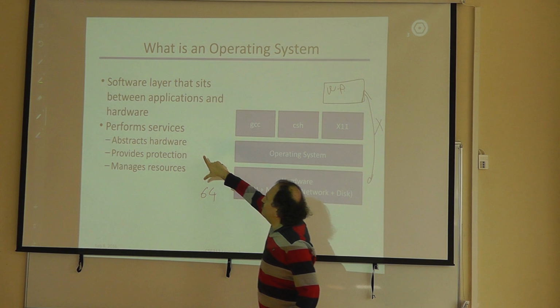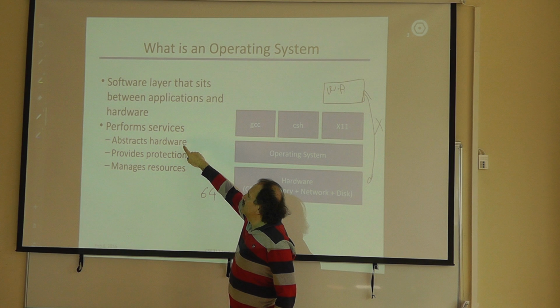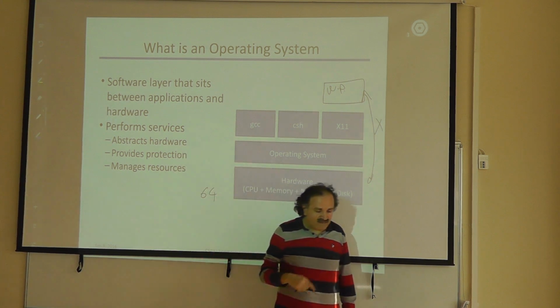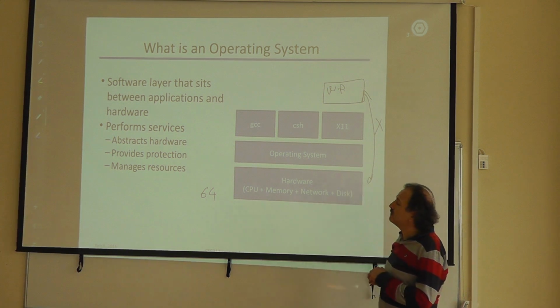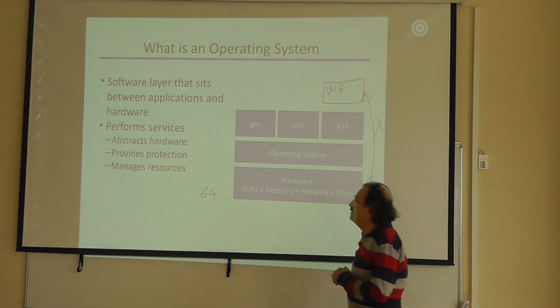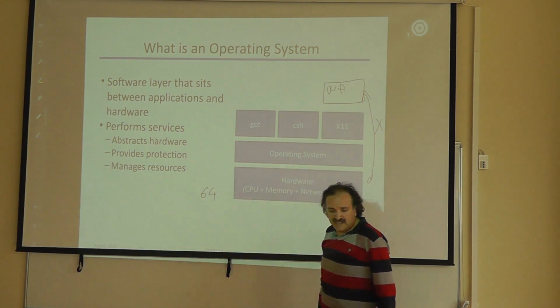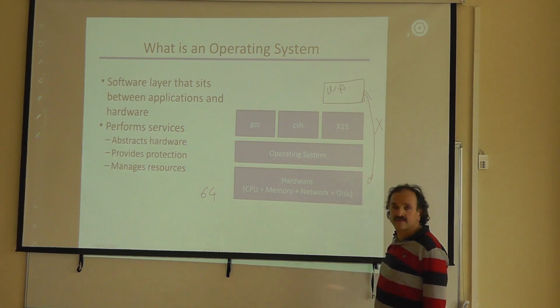These are two important things, and the first one and the last one are very important. Abstraction, so that I can write my applications very easily without thinking about the complications of the hardware, and resource management, so that all the processes have a fair amount of resources for themselves.